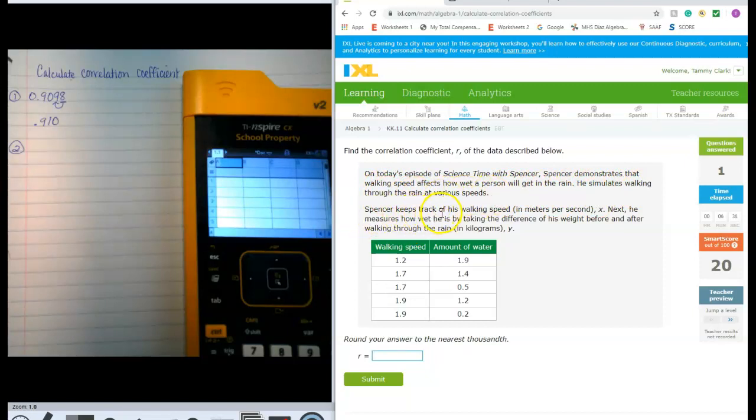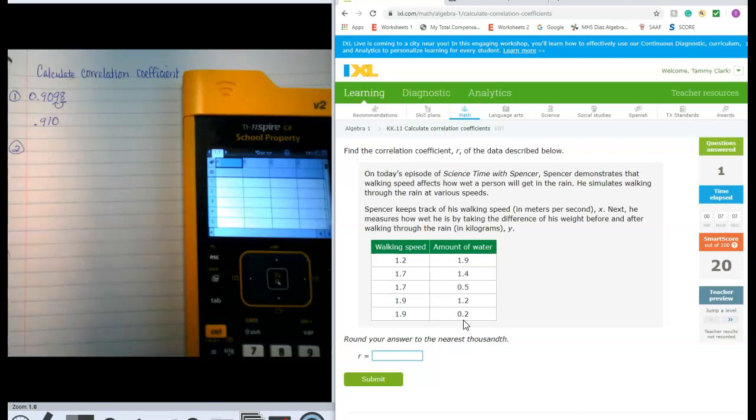Spencer keeps track of his walking speed in meters per second, which is represented by X. Next, he measures how wet he is by taking the difference of his weight before and after walking through the rain in kilograms, which is Y. So we have the walking speed and we have how much water he has absorbed after walking through the rain.